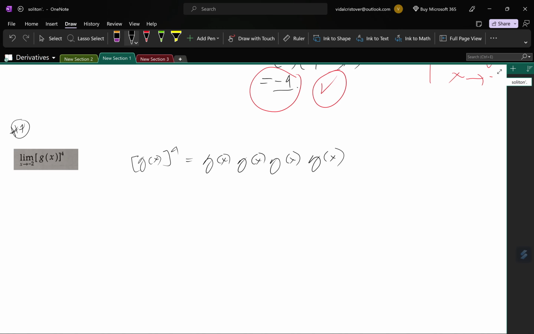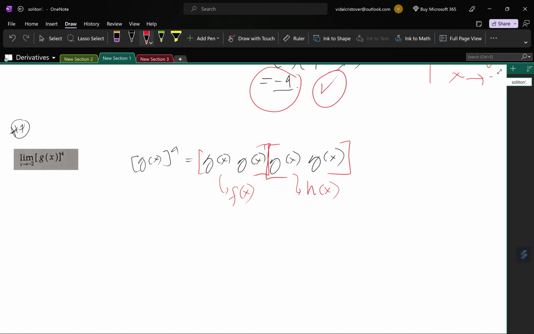So ang strategy ani is atong i-grupo. I-grupo nato kining duha ka g of x diri. Isa ni siya ka grupo, dayon isa pud siya ka grupo diri. Pag-grupo na nato ni, mahimo nato siyang pangalanan og f of x, ug ang lain pangalanan nato og h of x.